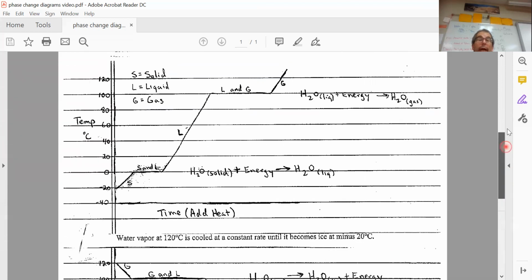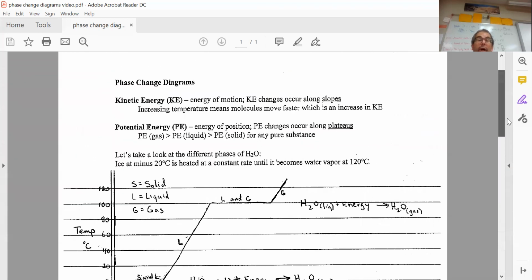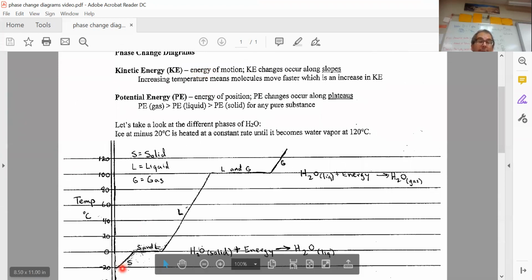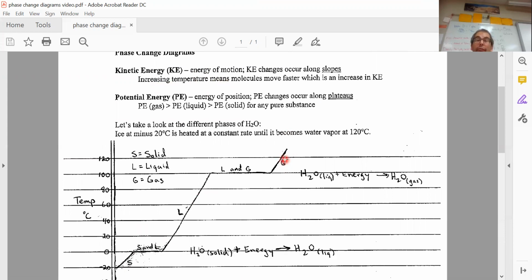So in summary, with these phase change diagrams, along the slopes, the energy of motion, are kinetic energy changes. So this slope, and this slope. The higher the temperature means molecules move faster and faster because that reflects an increase in kinetic energy.